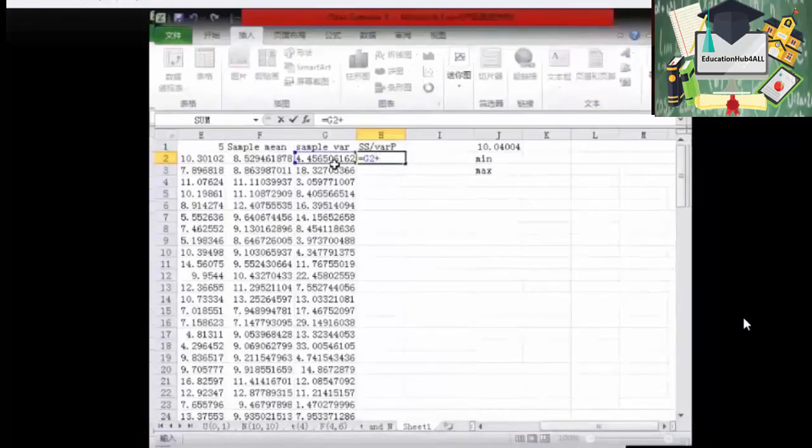What's the degrees of freedom here? 100 minus 1?